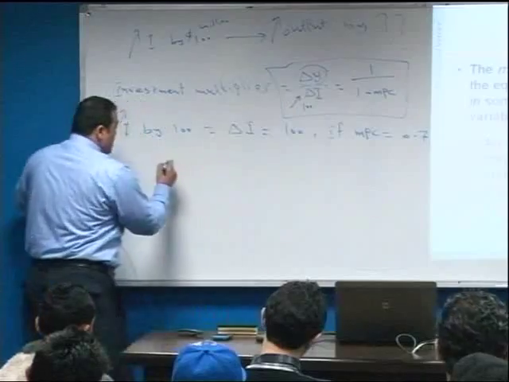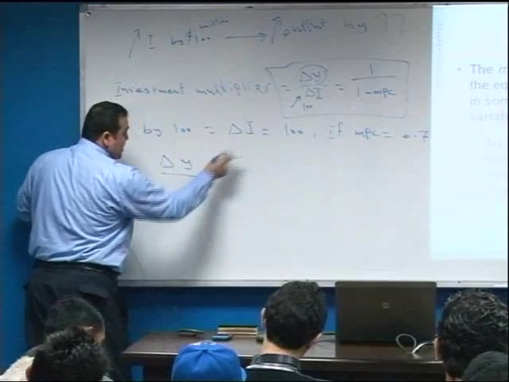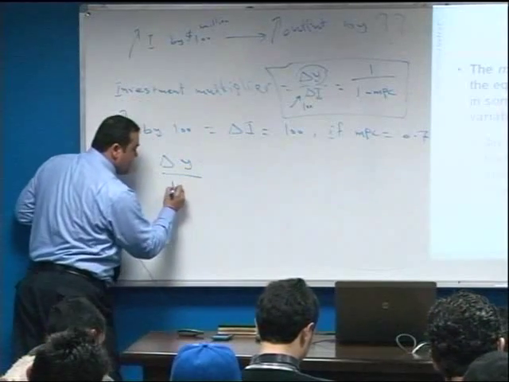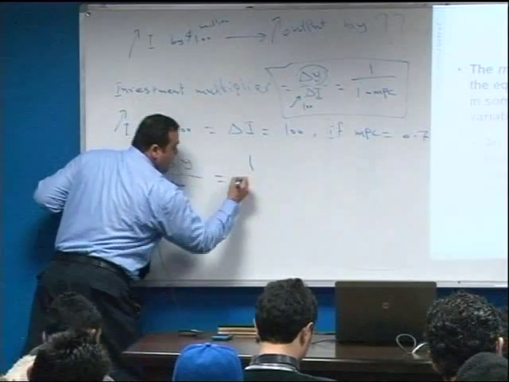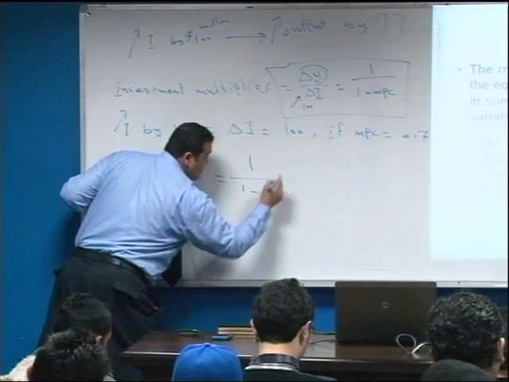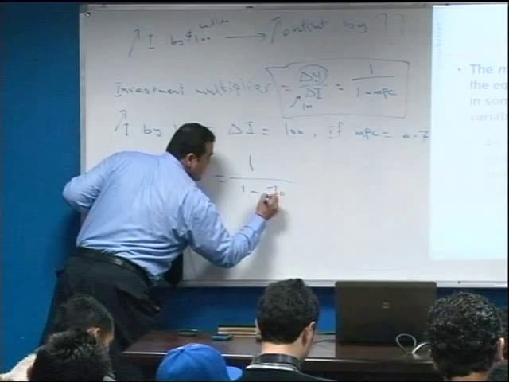So as you see, delta Y over delta I, in this case positive 100, equals 1 over 1 minus MPC, 0.70.